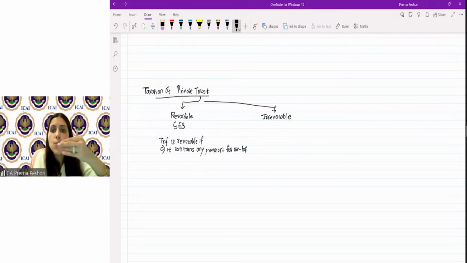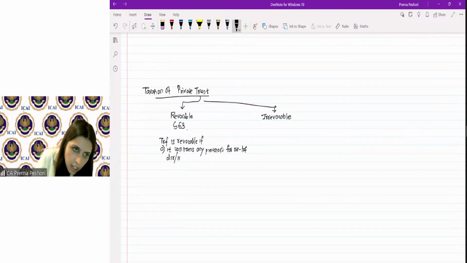So if any transfer has been made, but it contains a provision for the retransfer of assets or the income to the transferor, that is a revocable trust.